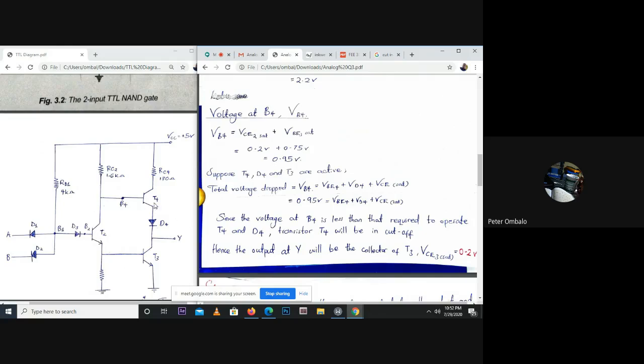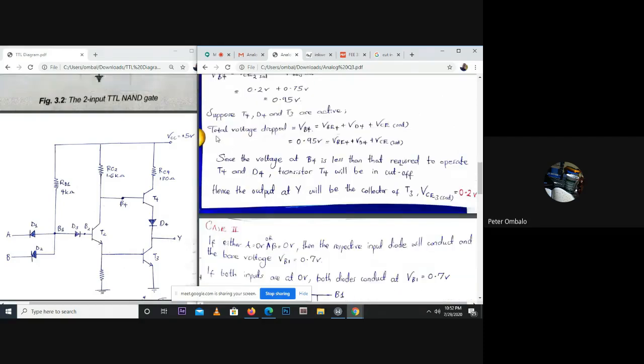Now, suppose T4, D4, and T3 are active. We know T3 is in saturation, but suppose T4 and D4 are also active, then this voltage at B4 should be able to supply T4 and D4 as well, and the output.